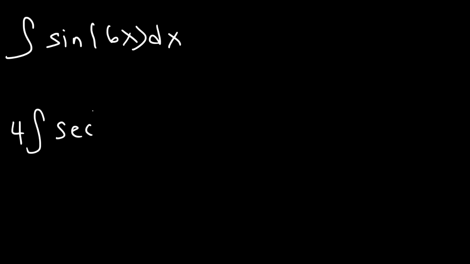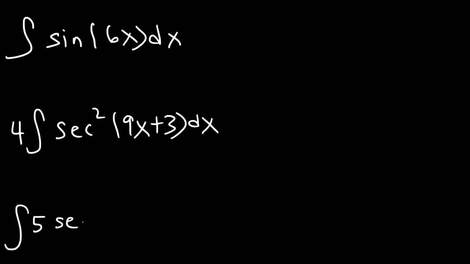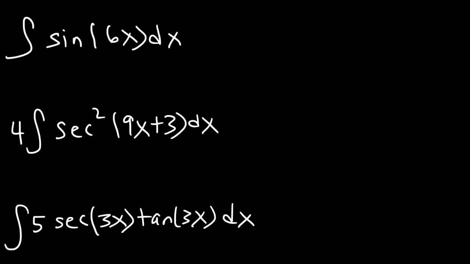Go ahead and find the integral of sine 6x dx, and also 4 times the integral of secant squared 9x plus 3 dx, and 5 times the integral of secant 3x tangent 3x. Try those problems.